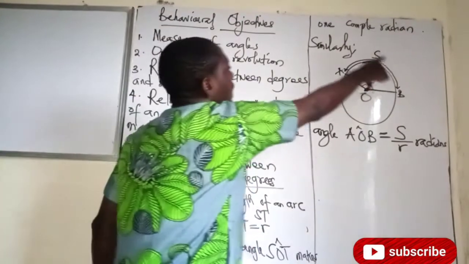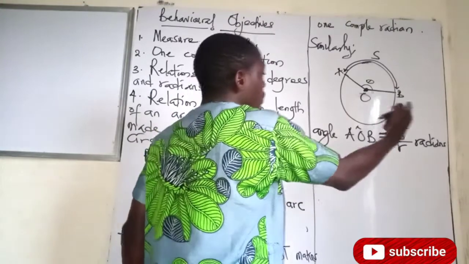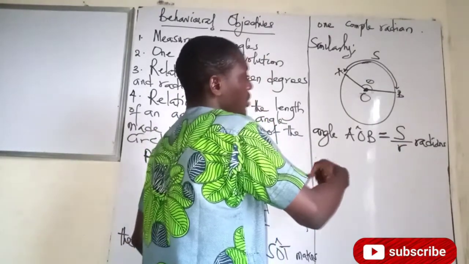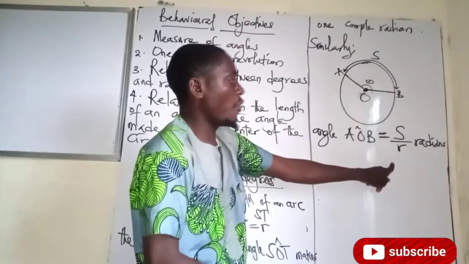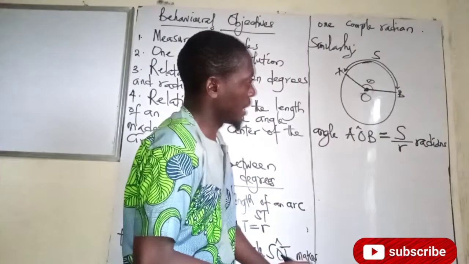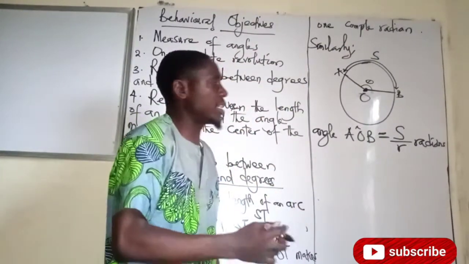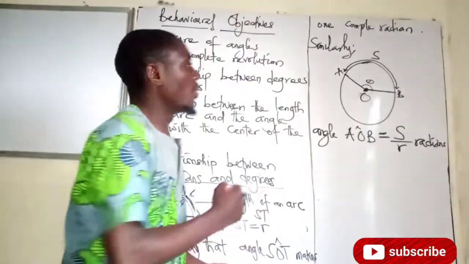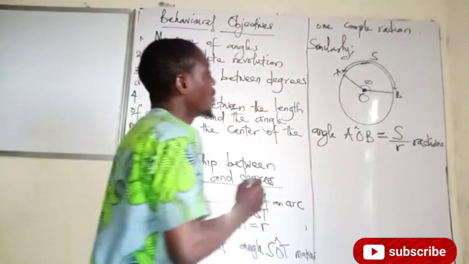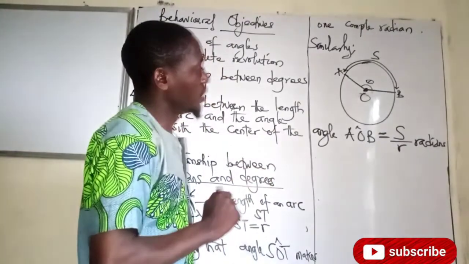Having known that to relate an angle measured in degrees to radians, this is the principle, the length of the arc over the radius of the circle. Now, if we have the circumference itself as the arc, which is the circle itself, what will be the result in radians?